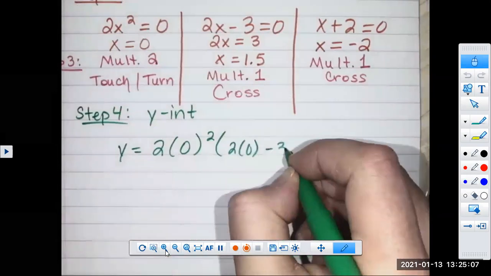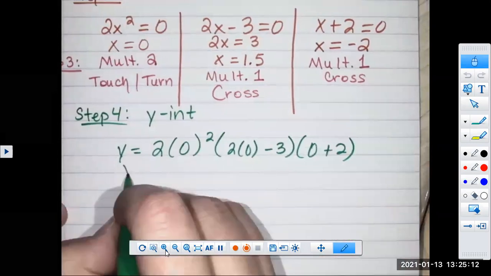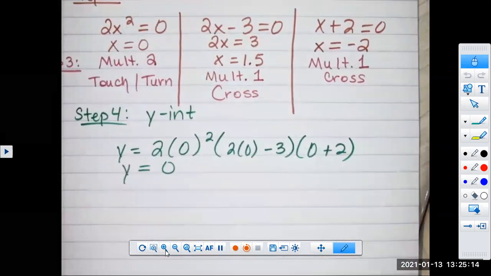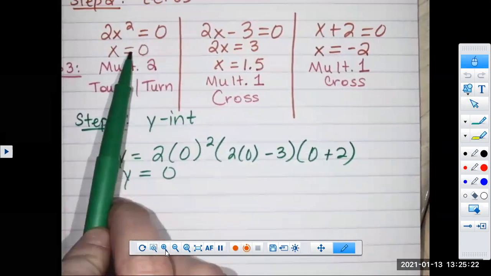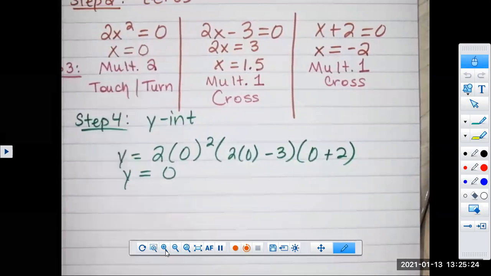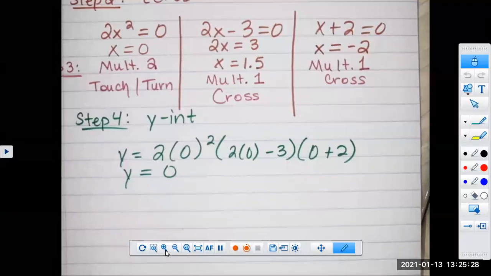Try to look for easy stuff like that to help you out. Plus, another giveaway that your y-intercept is 0, it crosses the x-axis at 0. So it has to be going through the origin.